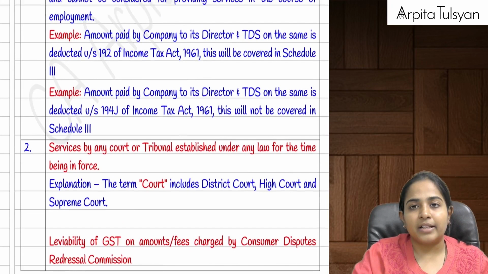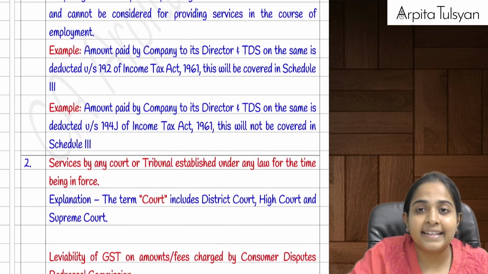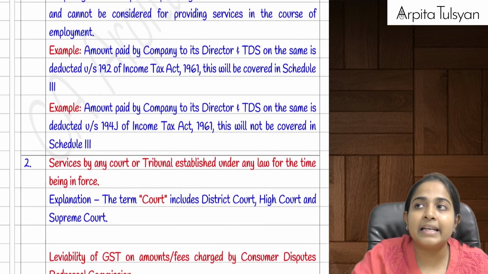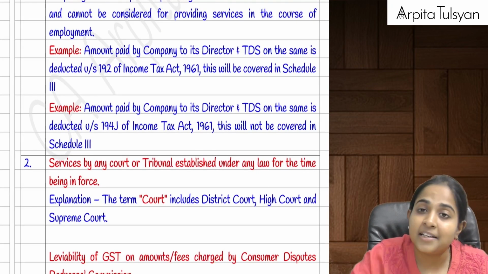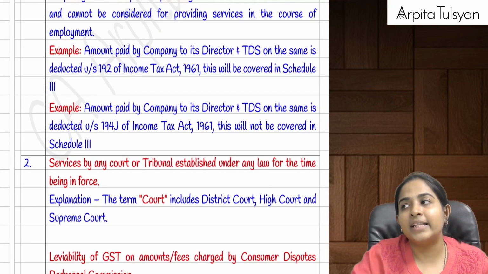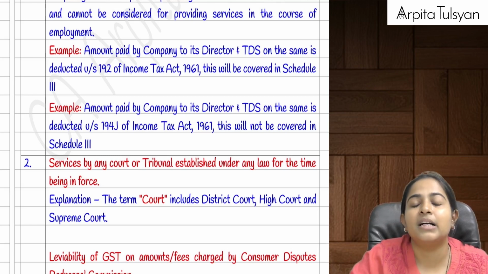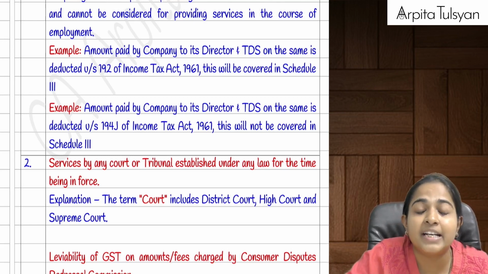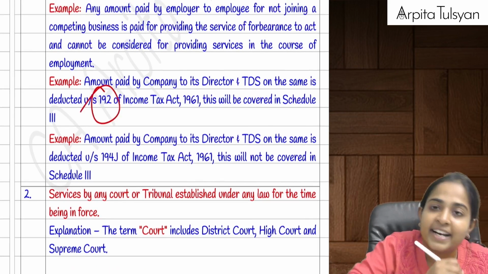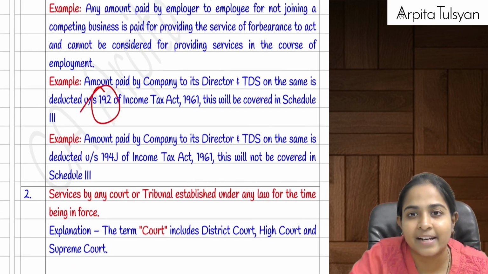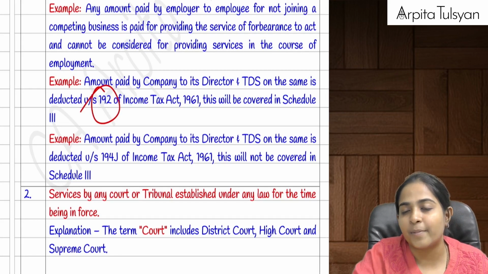Yes. Now what if a director of a company is providing some services to the company and the company pays him director's remuneration. If the remuneration is in the nature of salary, that is TDS is deducted under section 192, TDS on salary, meaning it is an employer-employee relationship, so this will not be liable to GST.